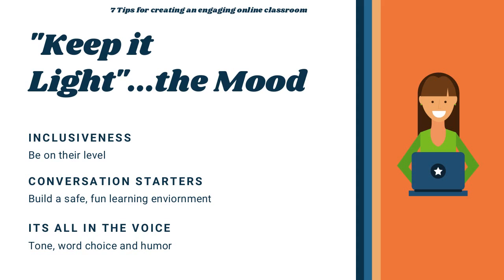Pick out something from the introduction post and just start talking, and they'll start to elaborate. And then you can really start to build that relationship and build a trustworthy community with your class where they will now be feeling more comfortable to open up with one another. And once your students feel comfortable, then they will start to share more, and then the engagement will just really start to happen.